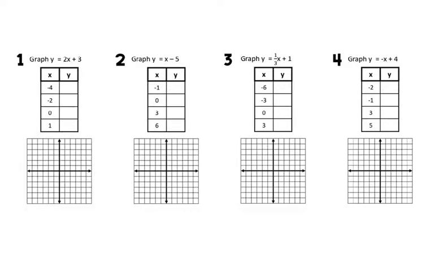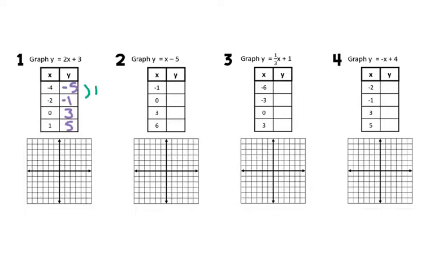Okay, so let's see what we have here. Negative 4 times 2 is negative 8, plus 3 is negative 5. Negative 4 plus 3 is negative 1. 3 and 5.